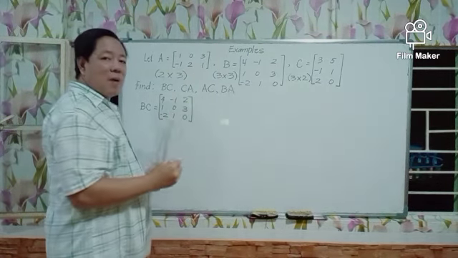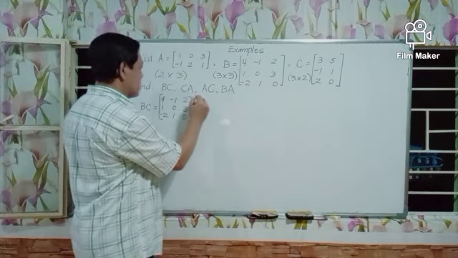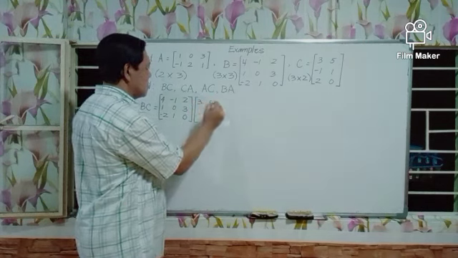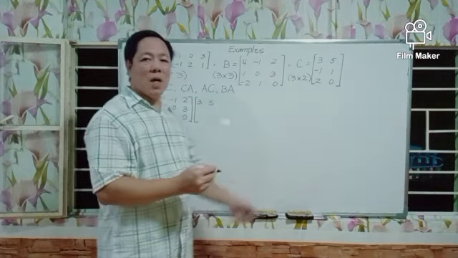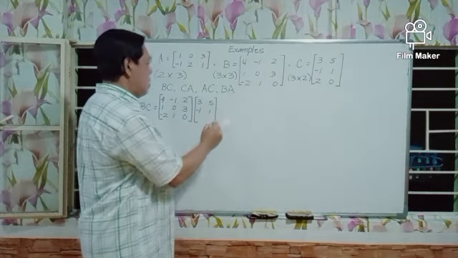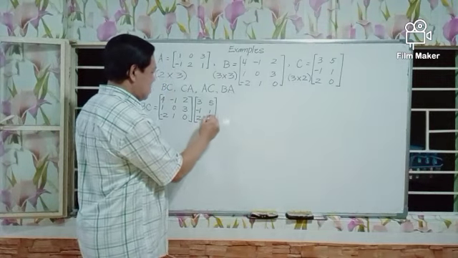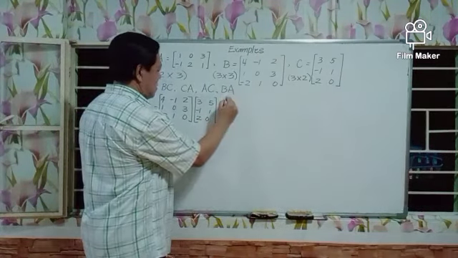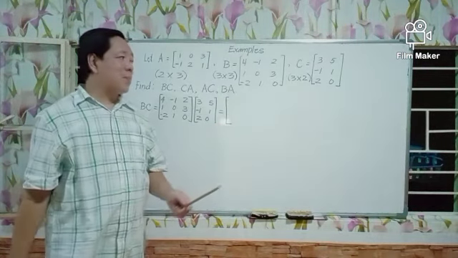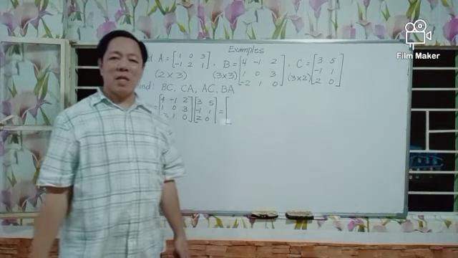And multiply by matrix C with 3, 5 in the first row, negative 1, 1 in the second row, and 2, 0 in the last row. We already know that the size or shape of the product is 3 by 2 with 3 rows.